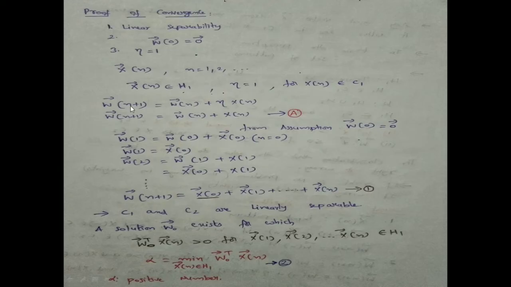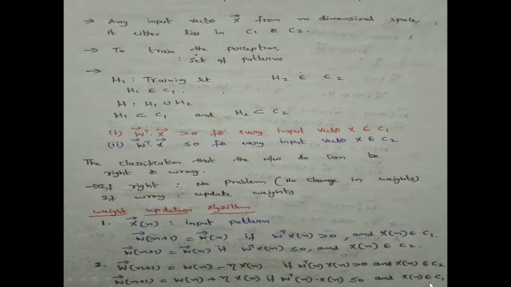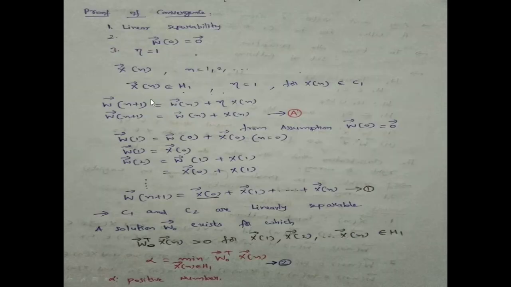From the previous equation for class C1, w of n plus 1 equals w of n plus eta into x of n. We already assumed that eta is 1, so now it becomes w of n plus x of n. Let us call this equation A.